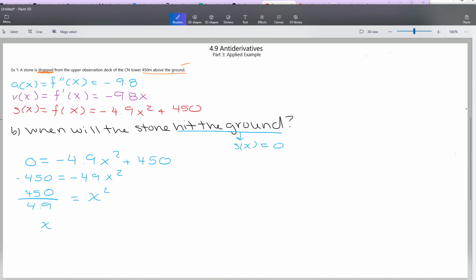So I have that x equals plus or minus the square root of 450 divided by 4.9. The approximate answer here is going to be 9.6 seconds.